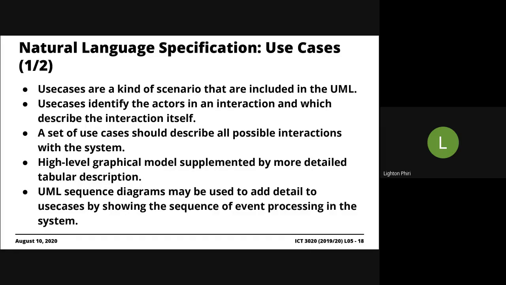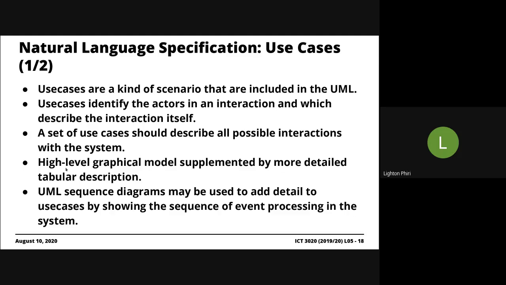So if you have a web service, for instance, which provides input to the system, that web service would be viewed as an actor. You'd represent it as a stick figure, just as you would an actual end user, a human being interacting with the system. The use cases themselves would be ellipses. They describe the possible interactions that happen with the system.